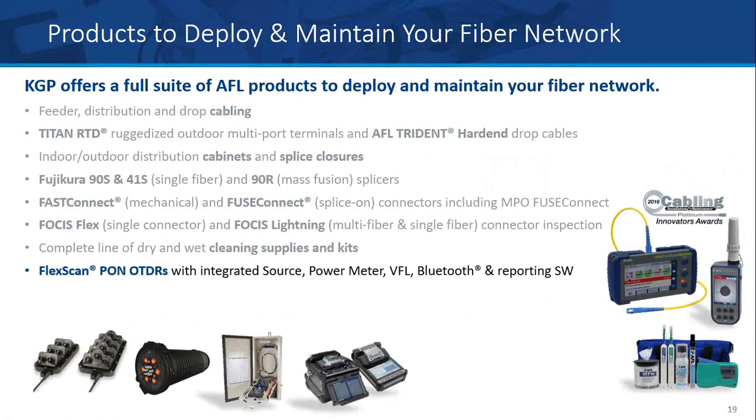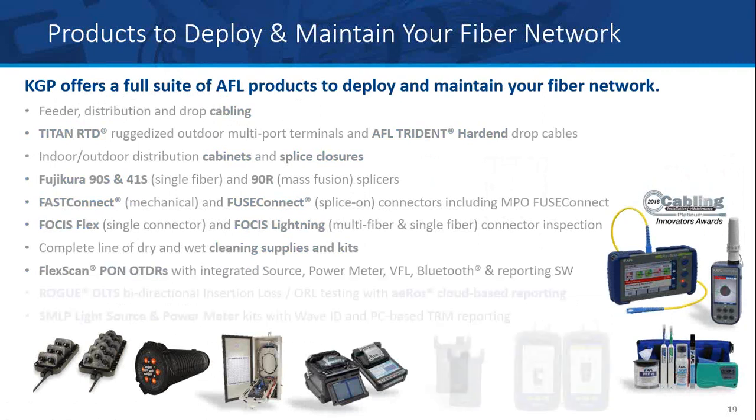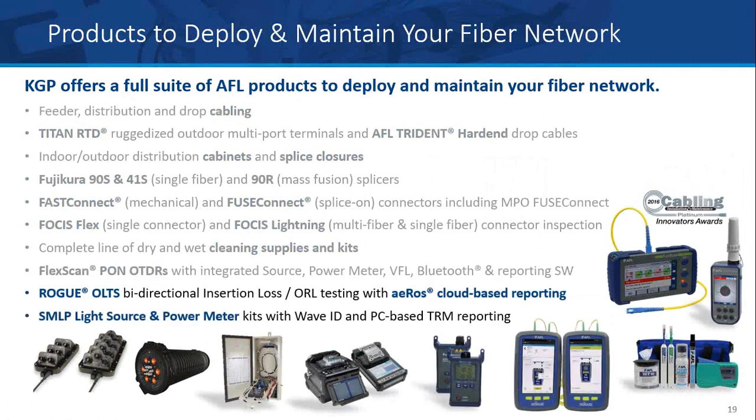And then lastly, you've got your testing capabilities. Actually, there might be one more, but from a testing perspective, you've got your OTDRs, specifically for some of these fiber to the home networks that we talked about today, PON OTDRs that can actually test through the splitter and give you a view of your entire fiber to the home network all the way through. And then in addition to OTDRs, really doing the true bidirectional power loss testing end to end.